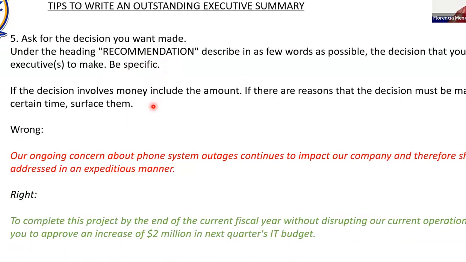Remember that we need the budget section. If there are reasons that the decision must be made by a certain time, surface them. That is to say, the schedule part. So everything needs to be together in order to explain our final project.